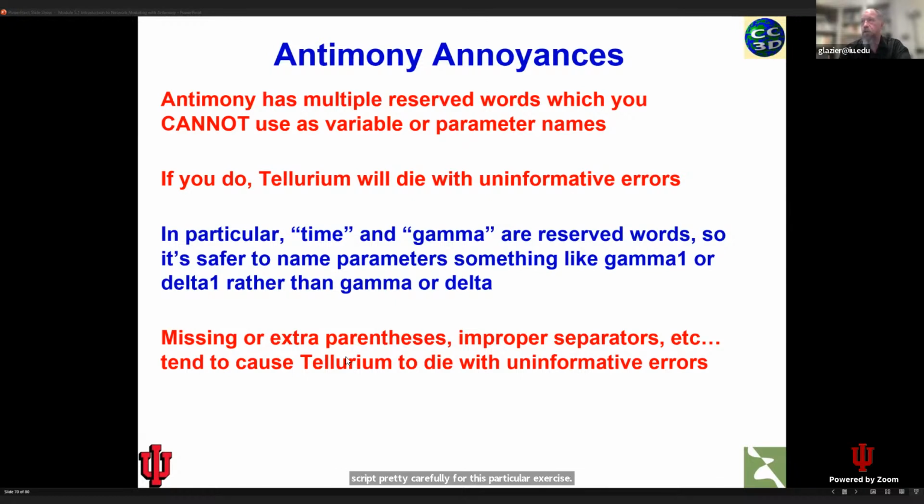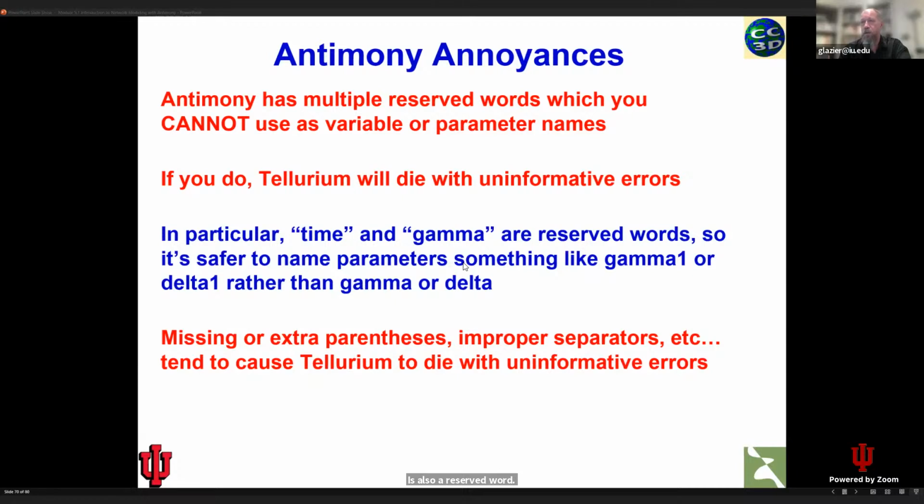Okay, there are some Antimony annoyances that you're going to run into. There are multiple reserved words which you cannot use as variable or parameter names. Some of those are pretty obvious, like time. If you do, Tellurium is going to die, and it won't give informative errors when it dies. On the other hand, gamma is also a reserved word, and that may not be so obvious.